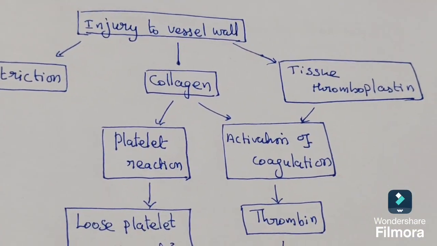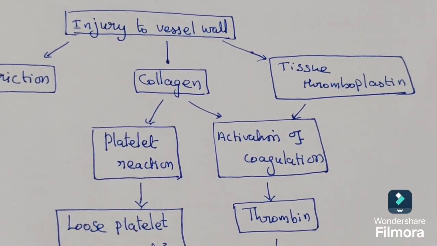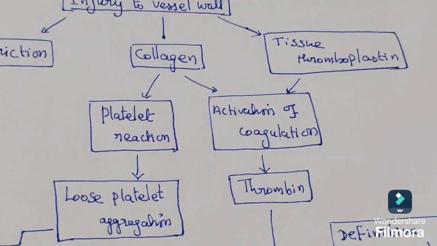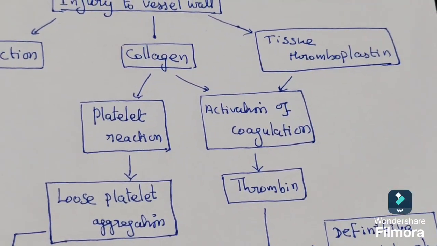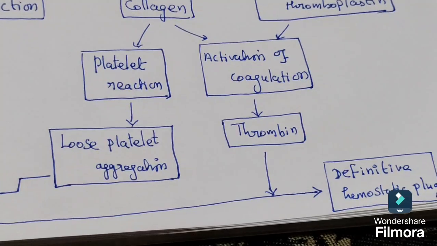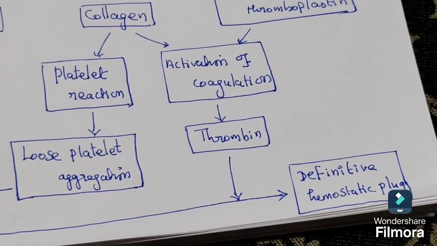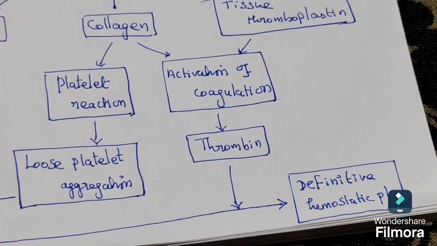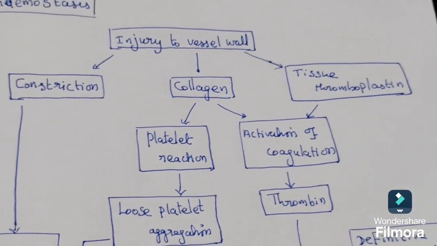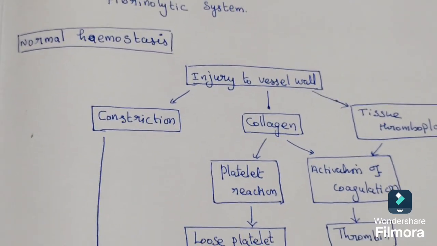It also leads to tissue thromboplastin, which leads to the activation of coagulation and the formation of thrombin, which in turn leads to a definitive hemostatic plug. So this is the flow chart of normal hemostasis.